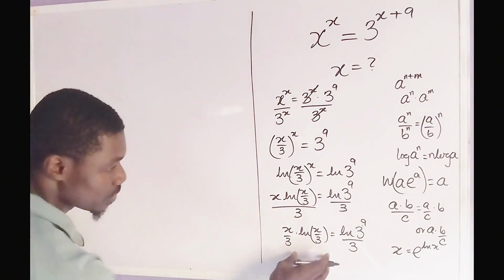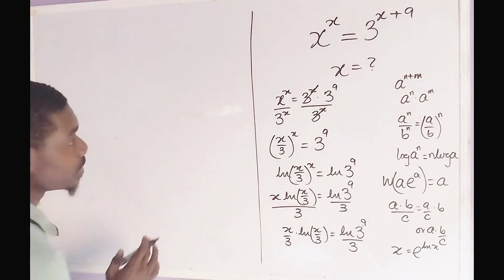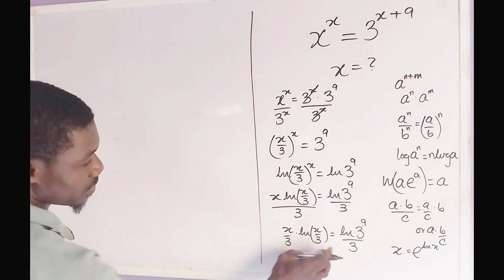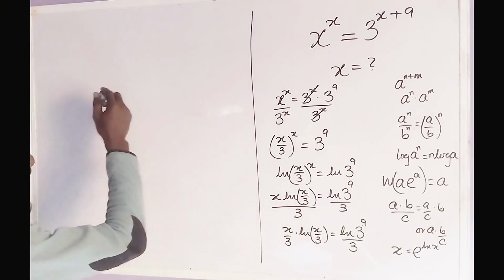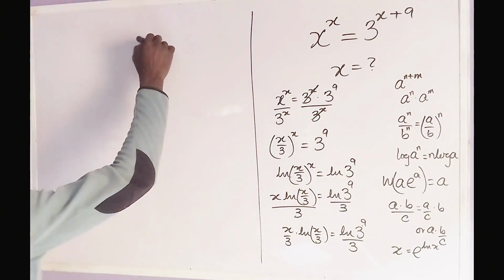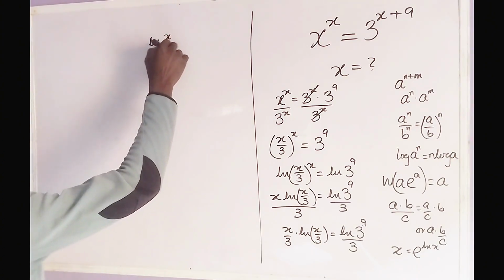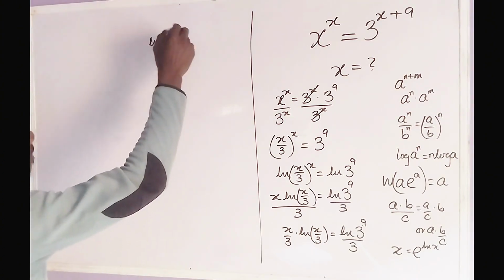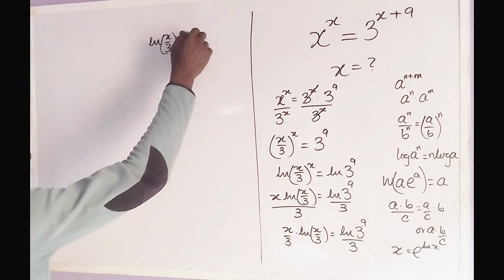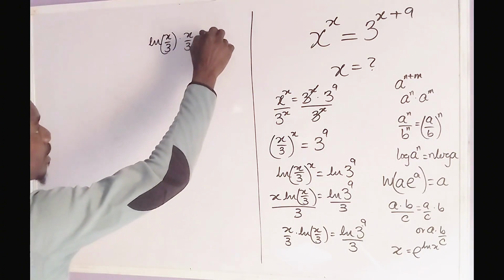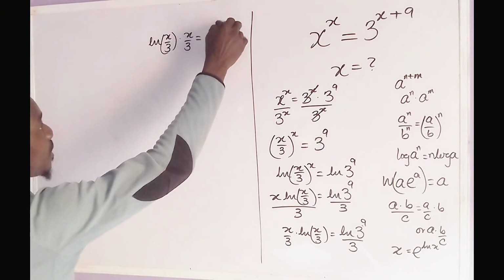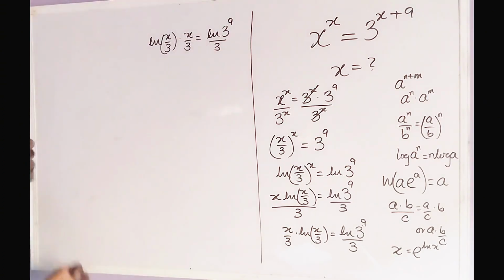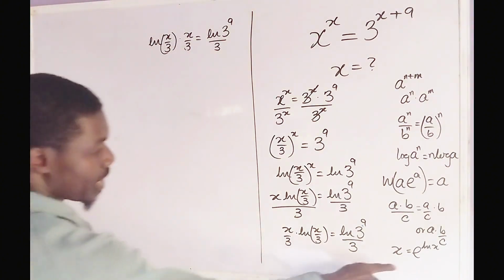but before we do that, let me quickly do this. We can swap this by saying ln x all over 3 times x all over 3 then equals ln 3 raised to the power of 9 all over 3. Okay, so at this point we can apply this rule here.